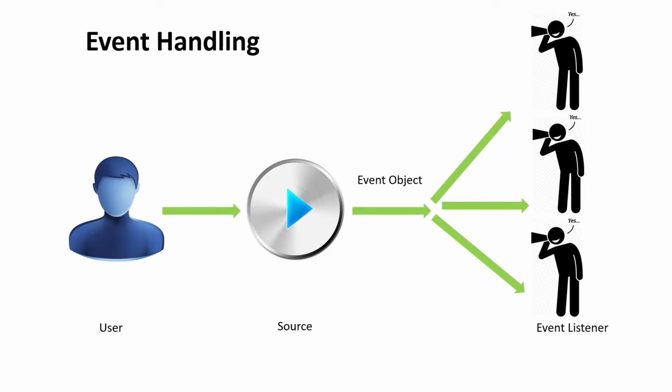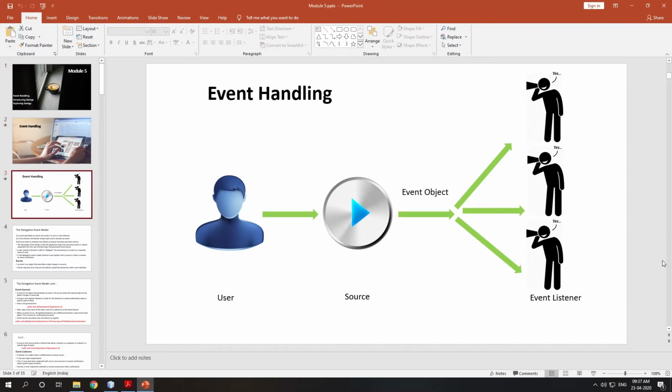The event listener listens to this event, processes it and replies back. It is the same in the human case: if you are interacting with someone, there should be a listener who will react to your conversation, right? Here the user is interacting with a user interface.